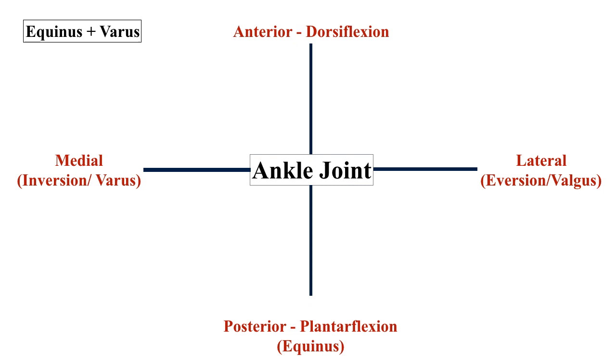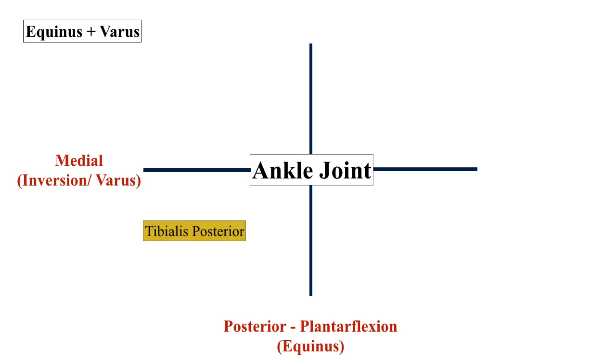Now, our deformity is equinus and varus. So this is equinus and this is varus. So we have to concentrate only on these two. So the remaining two can disappear. Now we know that the muscle which is present in the posteromedial quadrant, which causes both plantar flexion and varus, is tibialis posterior, and the muscle which is present in the midline causing plantar flexion is tendo Achilles.